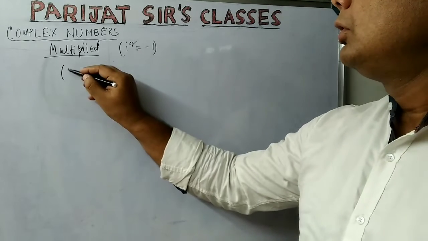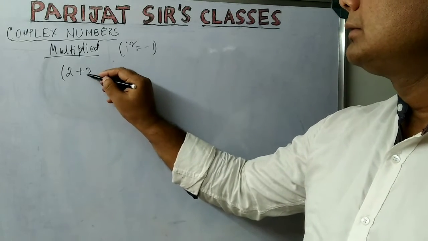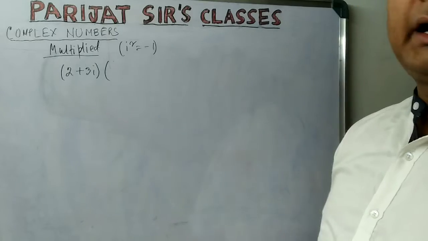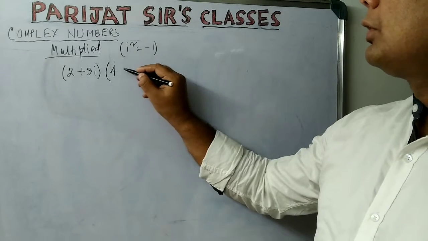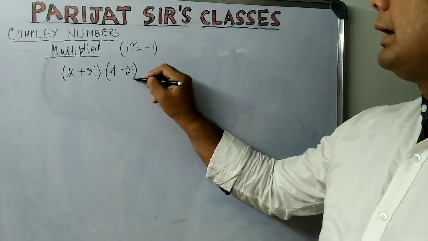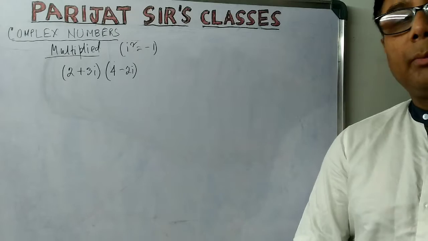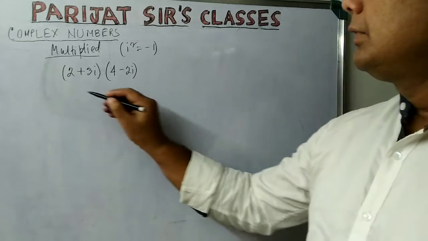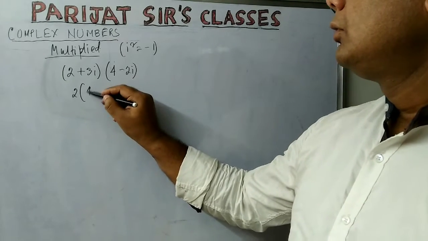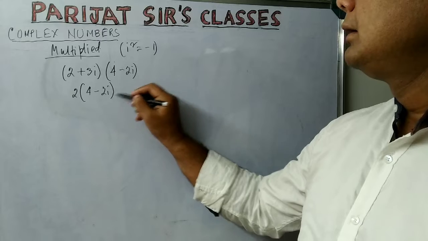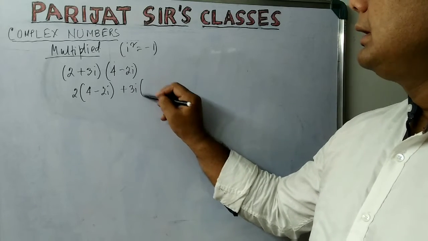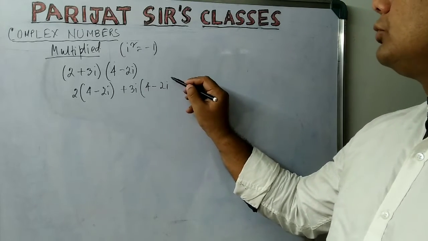For example, if I do 2 plus 3i multiplied with 4 minus 2i. So I am multiplying two complex numbers. First of all, 2 times 4 minus 2i, plus 3i times 4 minus 2i.